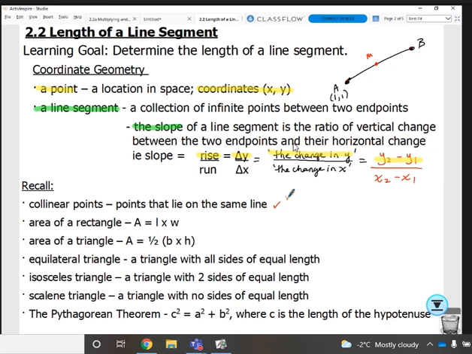Remember that? It's been a long time. Or some people might say base times height, and I say, okay, sure, but length times width. Area of a triangle is half the base times the height. You might read it like that, or you might read it like that. However you like to do it, totally up to you.